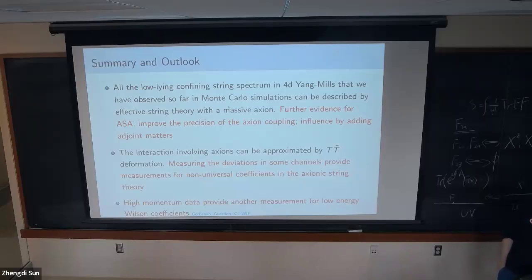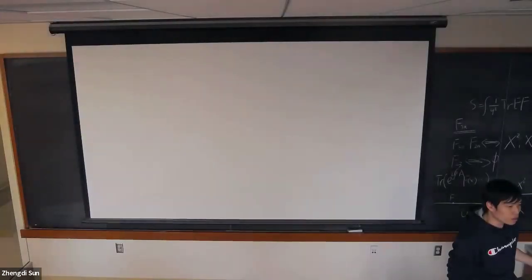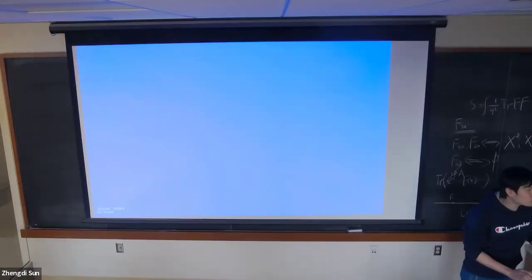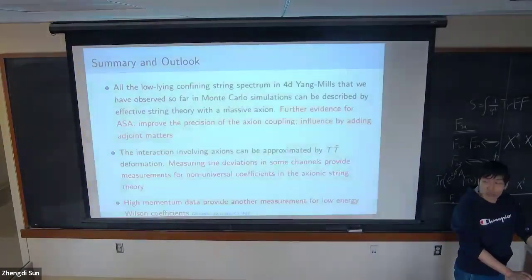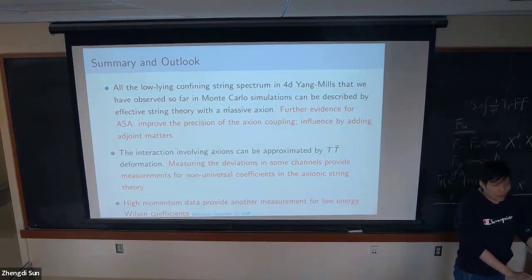Yeah, let me think about this. Consider a higher representation string, so k not equal to 1, k equals 2, 3. Do you expect the mass of the axion and the axion coupling to change? Well, in that case, it's not fundamental, so you actually expect there are more resonances than just this one.